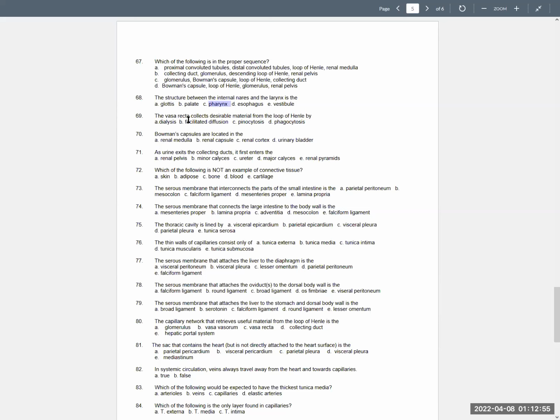The vasa recta, we're back now on urinary system. I used to go through a test like this and try to group similar type questions together. I didn't do it here. The vasa recta collects desirable material from the loop of Henle by dialysis, filtration that's facilitated, pinocytosis, or phagocytosis.